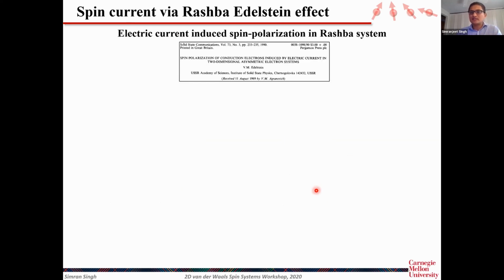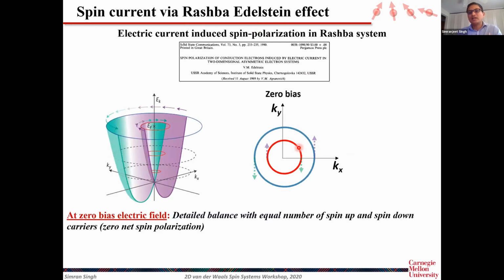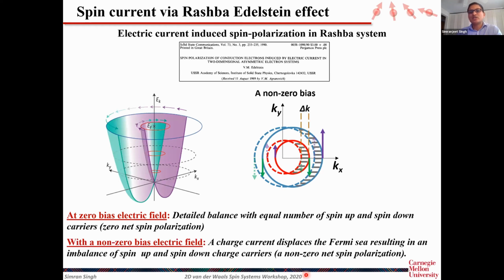And we know that in this kind of system, a Rashba system, through the Rashba-Edelstein effect, if you apply an electric field, you can generate an imbalance of spin up and spin down charge carriers, so that you have generated a non-zero net spin polarization.